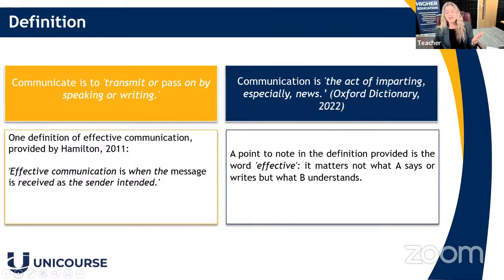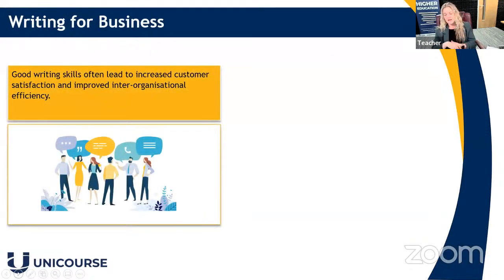The sender will be A and the receiver will be B. In order for the information to be effective, the sender passes on that information and the receiver, B, understands it as it was intended to be sent. I know that can be a little bit confusing, but it might be easier to think about it as A or B, or sender or receiver. We'll talk about the sender and receiver in a little bit more detail and see if that makes more sense.